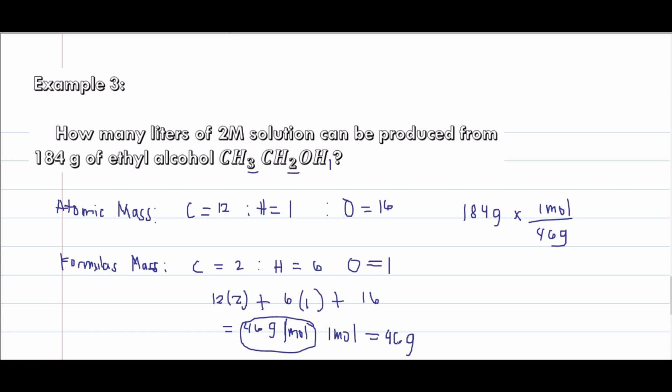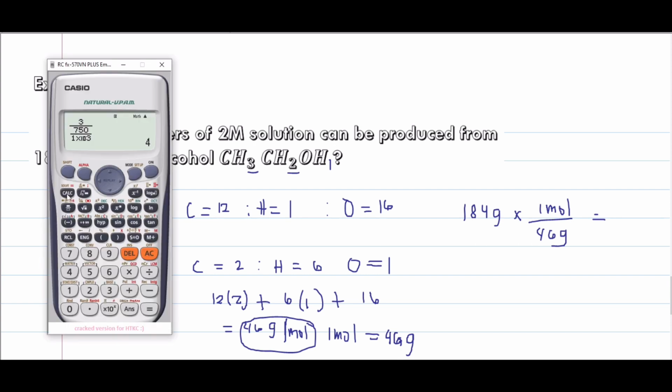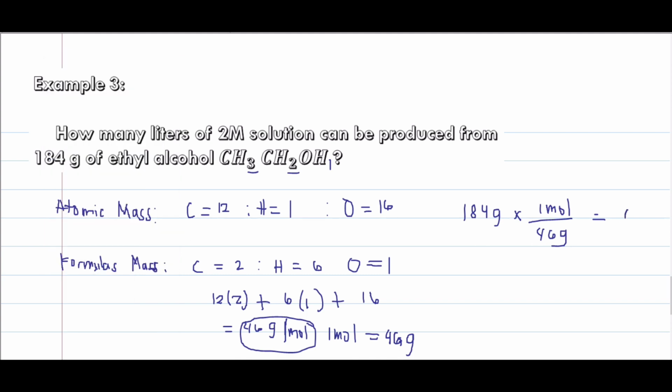Since we are given 184 grams, you convert it to get the number of moles. So we can now calculate: 184 divided by 46 is equal to 4. We have 4 moles.